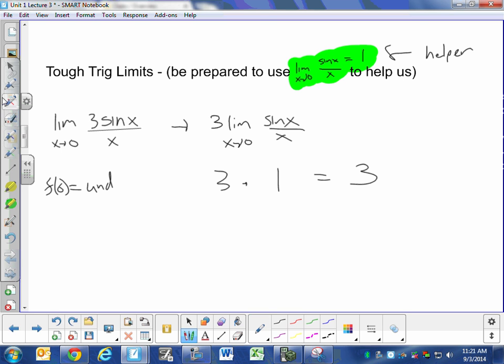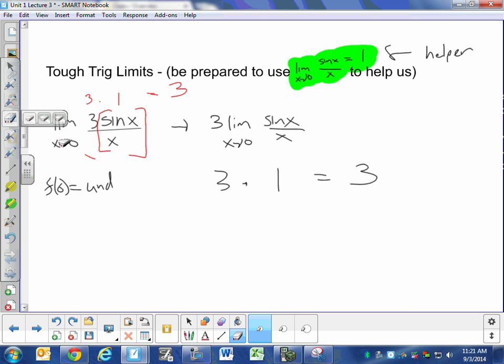Now, what you'll probably do for your homework is instead of writing this step, you'll just look right here and say, okay, I know this limit is 1, multiply it by 3, 3. Right? Mr. Magnella? That would be different. We will do that later. Good question.